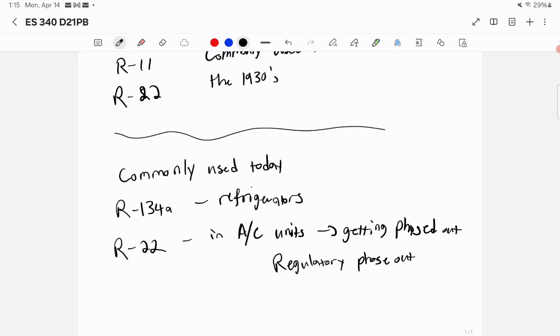However, that does allow for innovation, right? As I mentioned, now we actually are getting to a point where we are having designs that don't require refrigerants at all, and this is probably what the future is going to look like, if I had to guess.